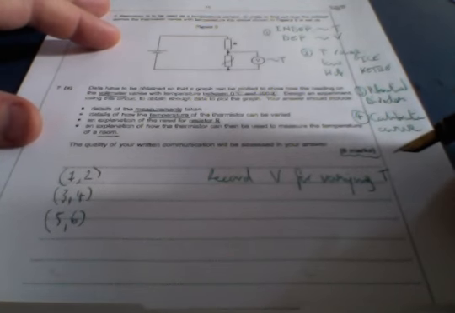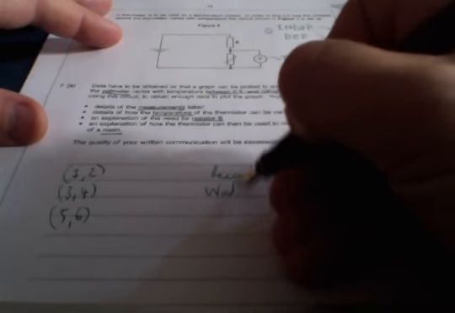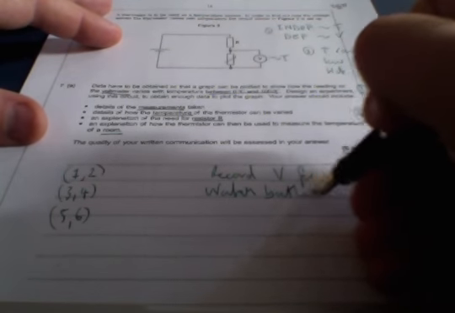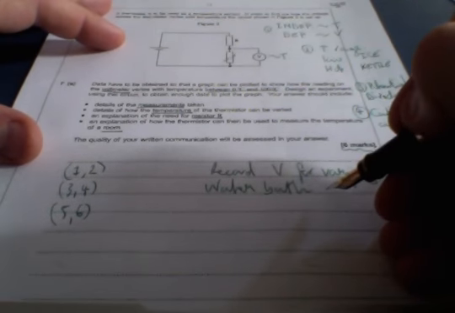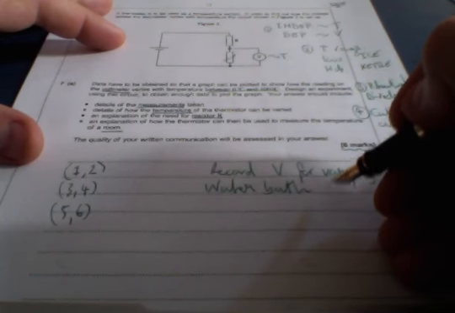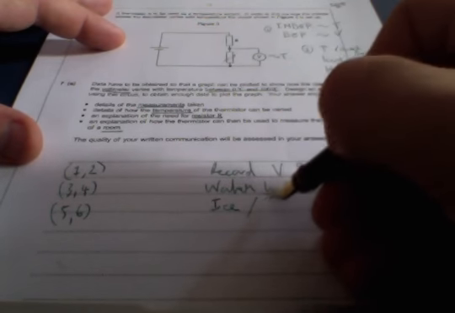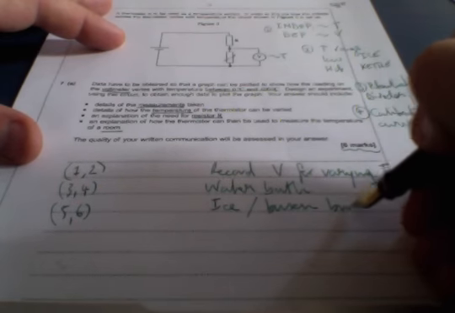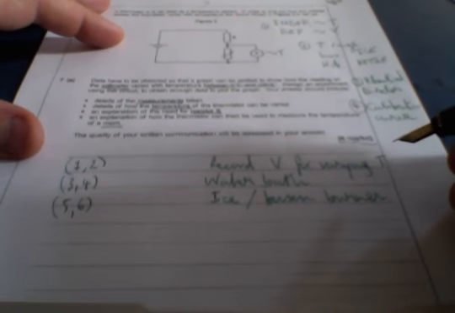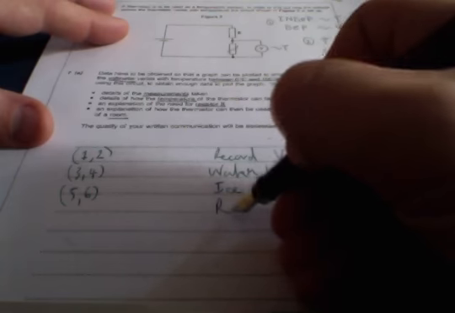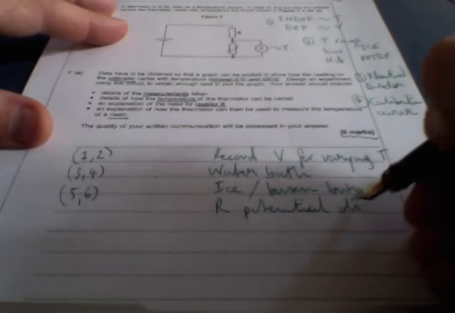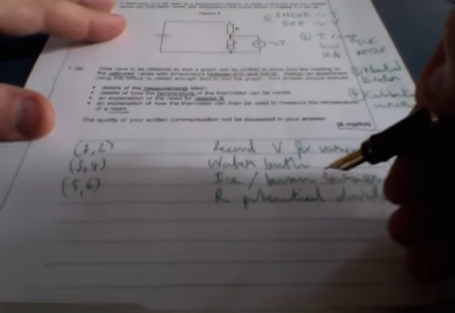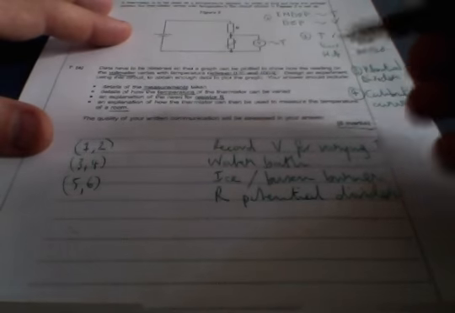That's the first thing they were looking for. Then they wanted you to use a water bath which included ice and a Bunsen burner. Then they suggested R for a potential divider, and finally the graph.